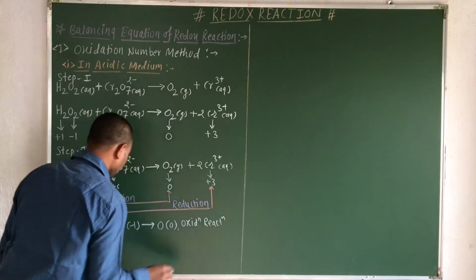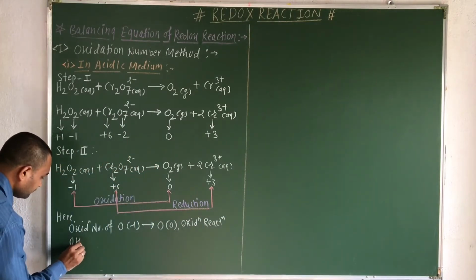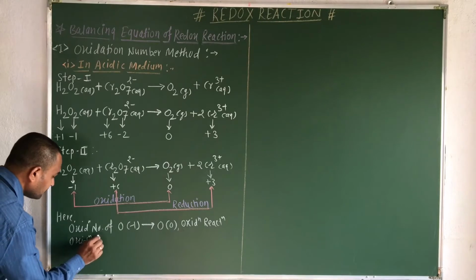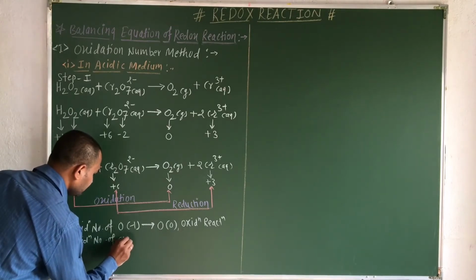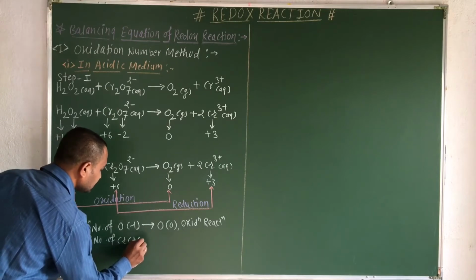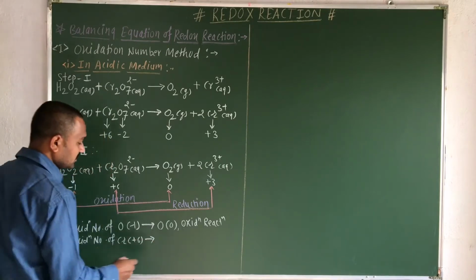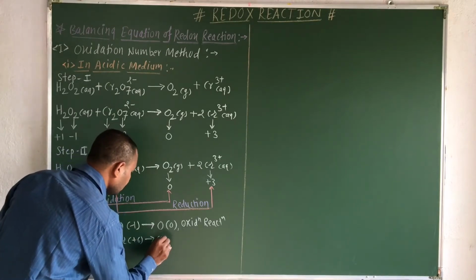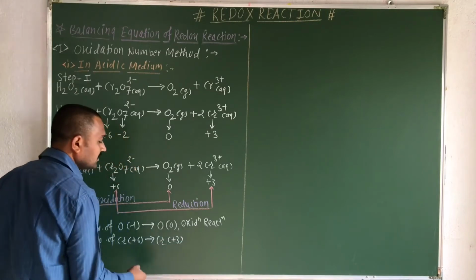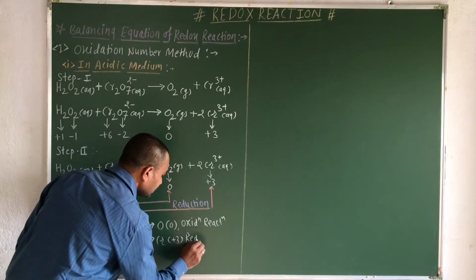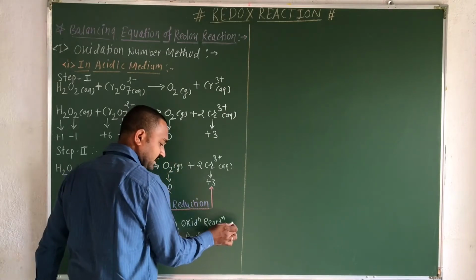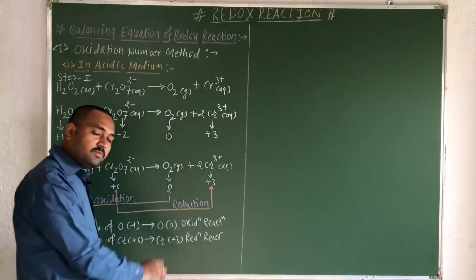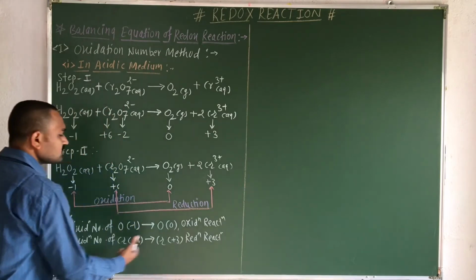And in short again you can write down the oxidation number of chromium from plus 6 decreases to chromium plus 3. It is the reduction reaction by gain of electron. So you just note down this.